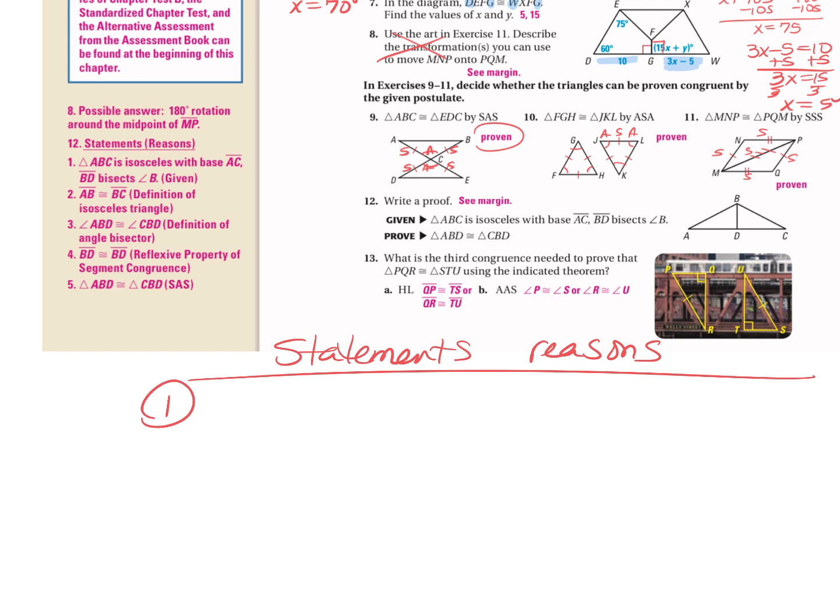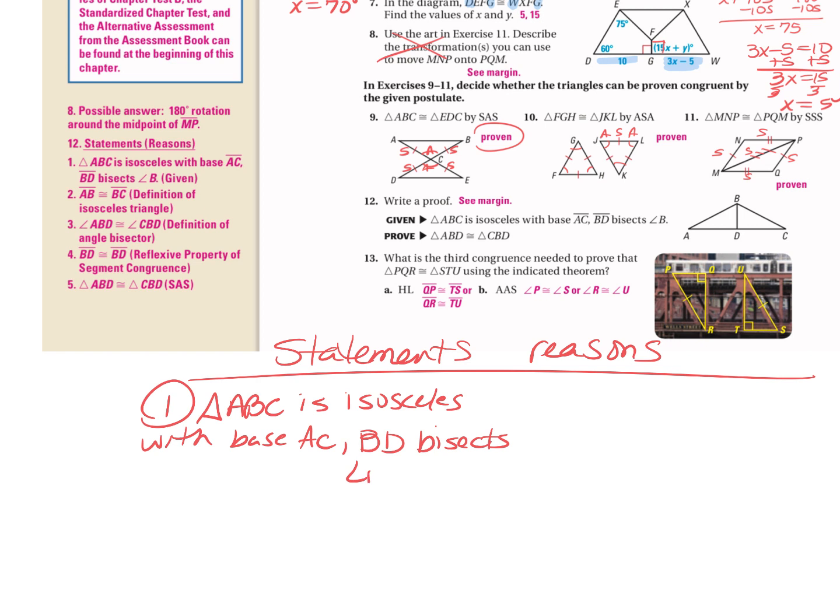So number 1, triangle ABC is isosceles with base AC and BD bisects angle B. This is given.